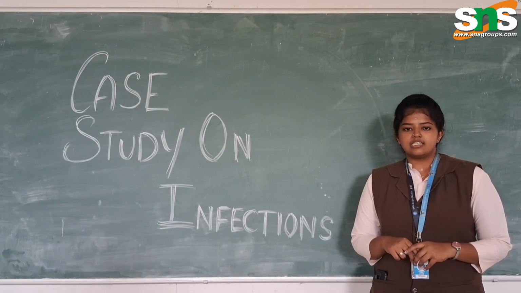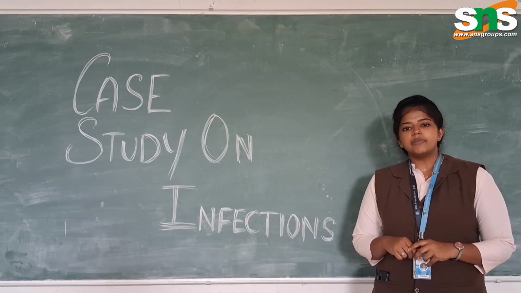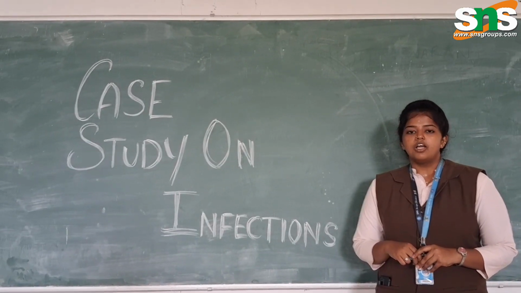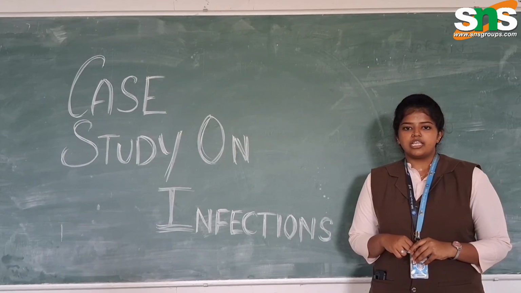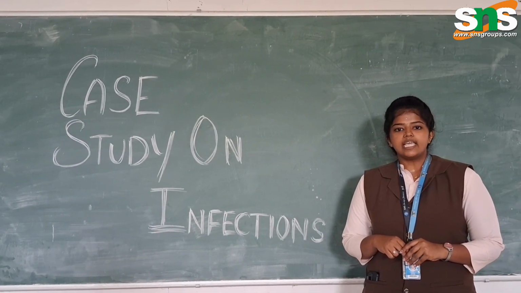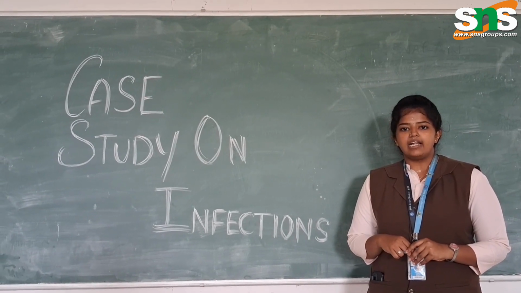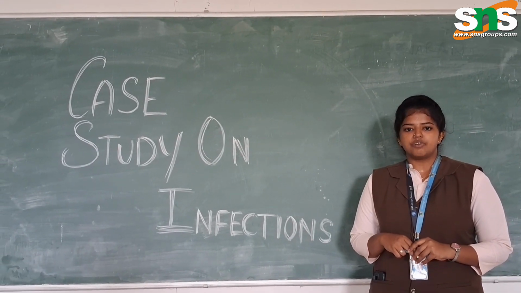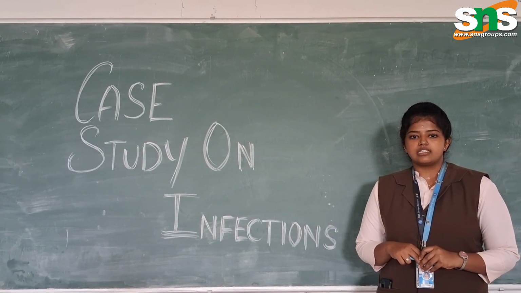The patient is Mr. Ravi, a 58-year-old male who was admitted to the hospital with complaints of fever, persistent cough, sputum, chest pain during breathing and difficulty in breathing for the past 1 week. On taking medical history, it was found that the patient had been smoking for more than 20 years and also had chronic obstructive pulmonary disease.